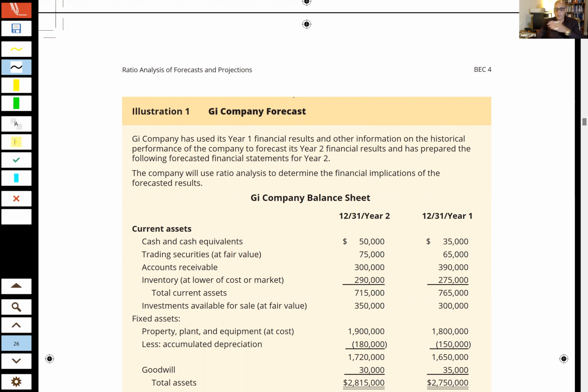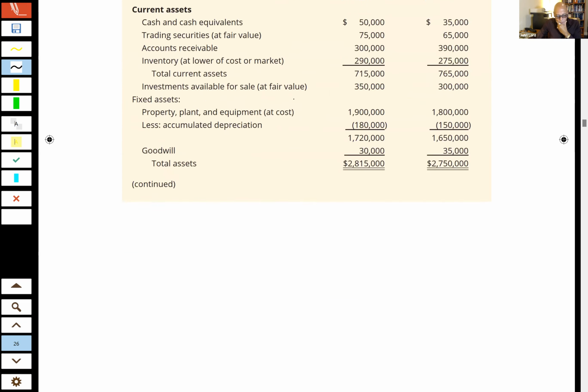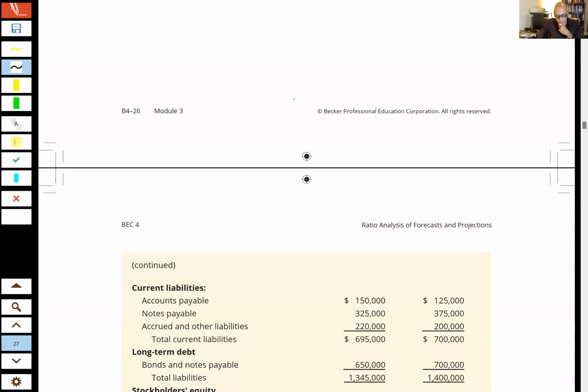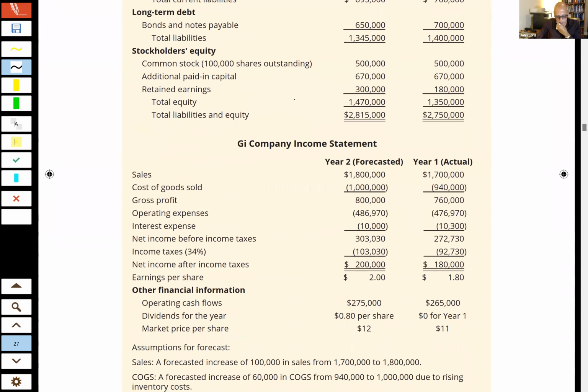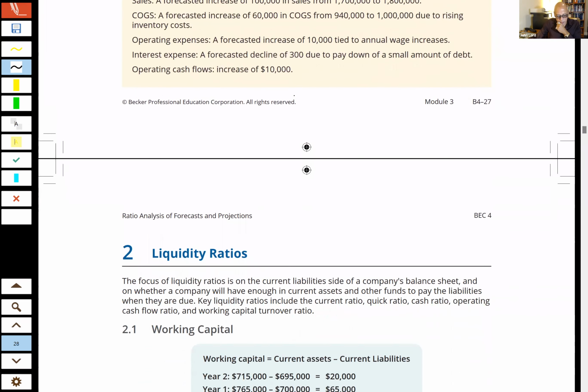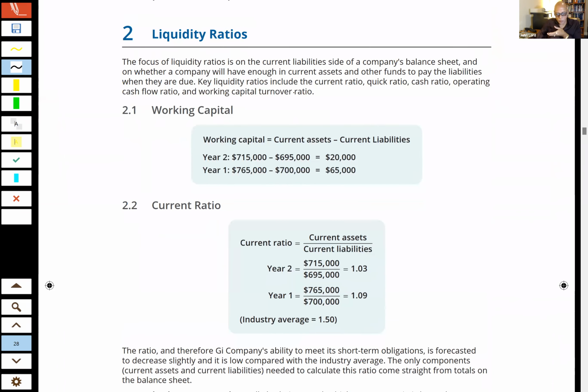So if you're taking auditing too, or when you take auditing, it's the same set of ratios that come up in BEC versus audit. Okay, so what they do is they give you the calculation of the ratios using the balance sheet and the income statement that they provide you. And it may be a different balance sheet and a different income statement for audit versus BEC, but the ratios are the same.